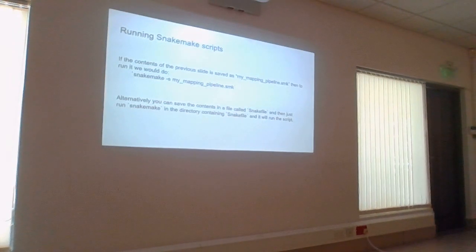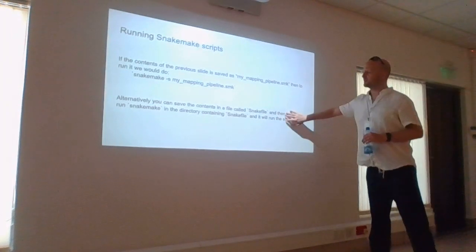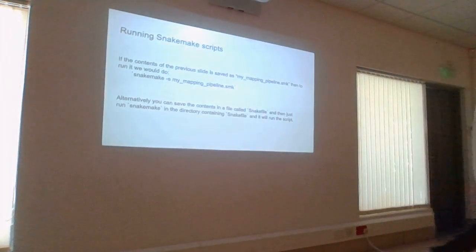I don't really like that because it's not very explicit. It relies on that file being the only Snakemake file in that directory. That's just not really how I work very often, but just so you're aware that this way can also work fine.